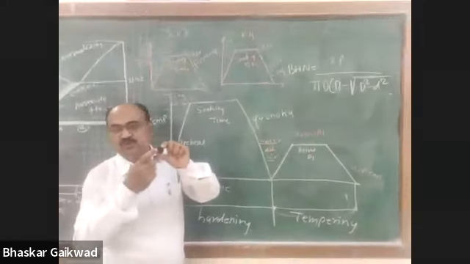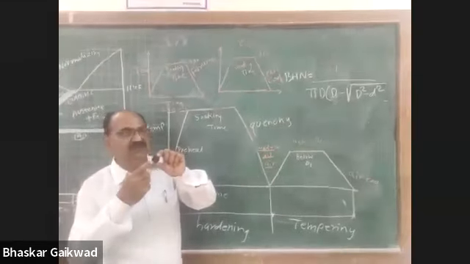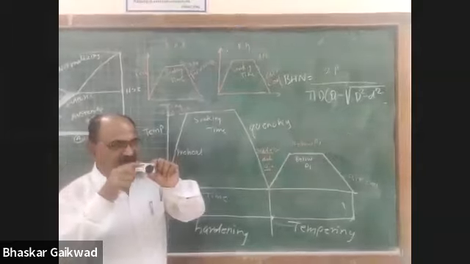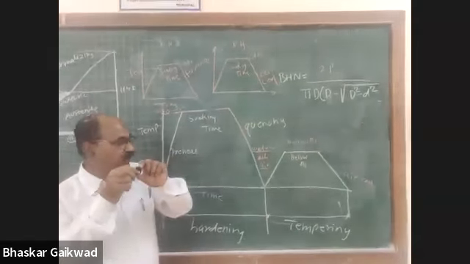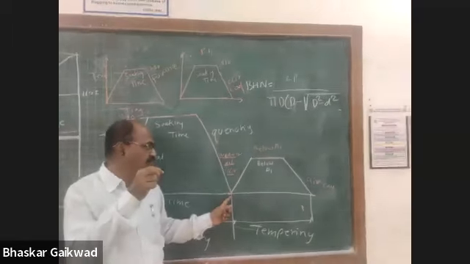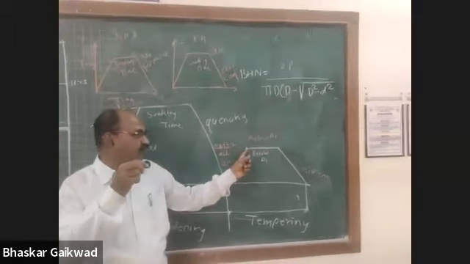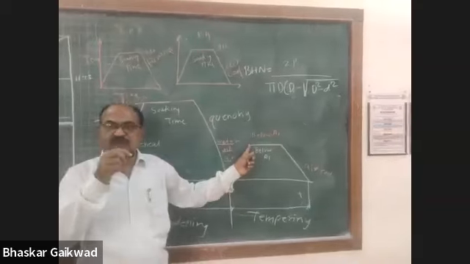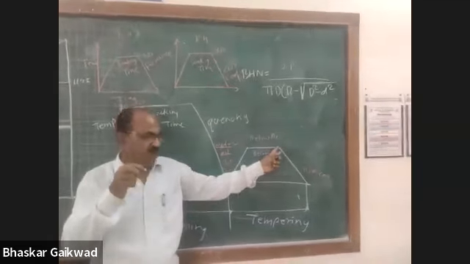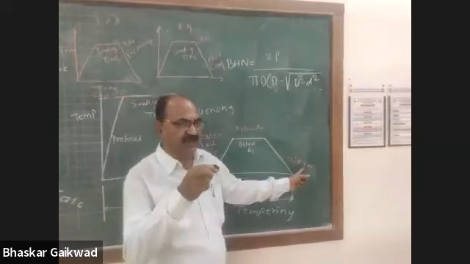So you have to relieve certain martensite and consume the retained austenite. For this purpose, we heat this component this way, but it should be below the A1 line. Below the A1 line, again soaking time of 1 hour, and then air cool.